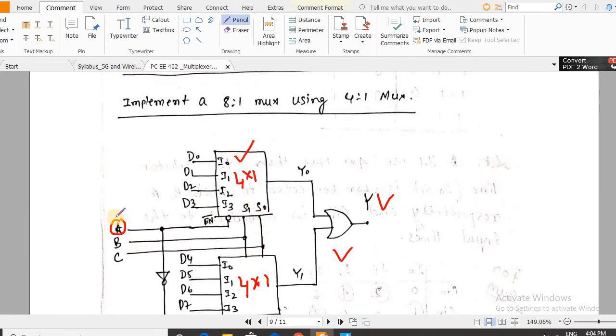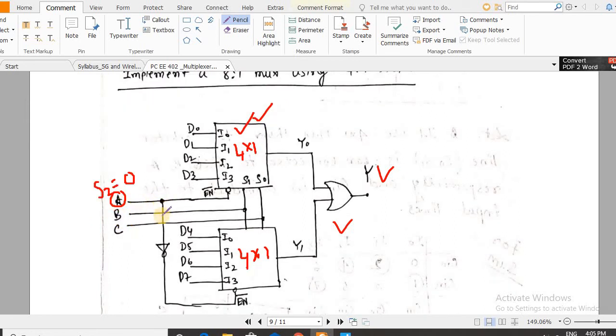That means this is basically our S2, this A. So when this A is 0, this mux will be activated, and since this A is connected through a NOT gate to the second mux, this mux will be deactivated. A means my S2.